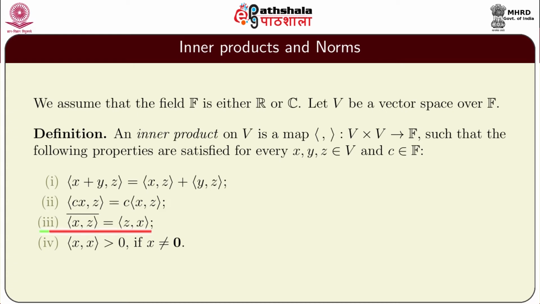The third property says that the complex conjugate of the inner product x comma z is equal to the inner product z comma x. And finally, the inner product of x with itself is positive if x is not the 0 vector.